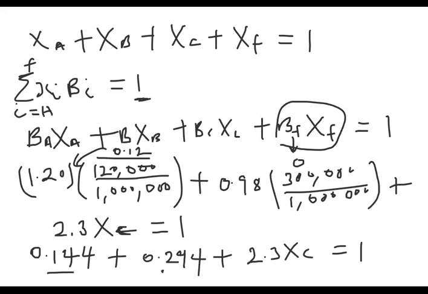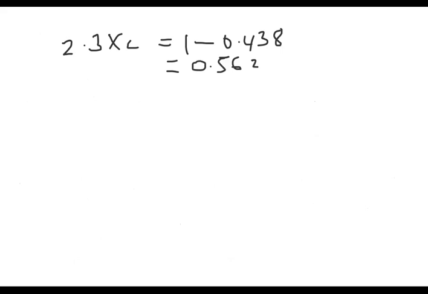But when it crosses the equal sign, it becomes negative. So I'm going to have 2.3 XC is equal to 1 minus 0.438, and that gives me 0.562 equals 2.3 XC.